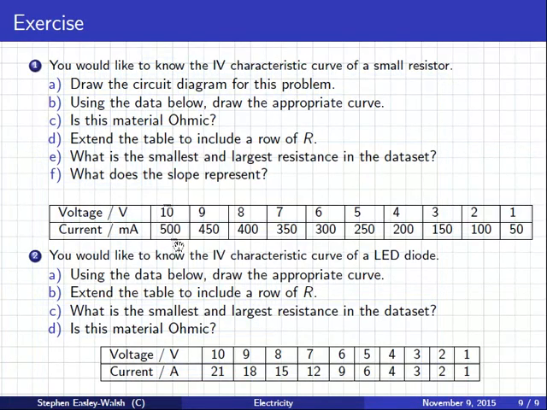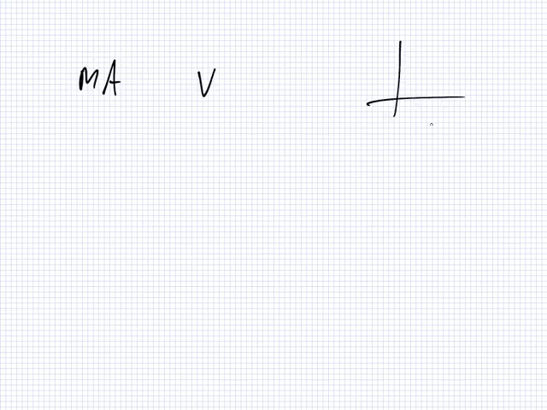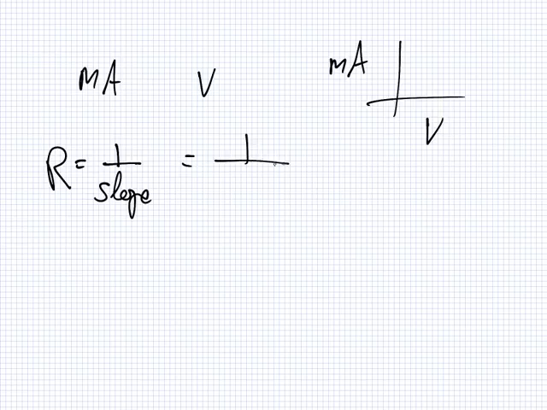In the first question, guys, look, this is milliamps. You can change it to amps, or if you keep it milliamps and volts, here, what did I say? This is volts and this is milliamps, and the R is equal to 1 over the slope, which will equal 1 over milliamps over volts, which will equal volts over milliamps, which equals 1 over milli, volts over amps.